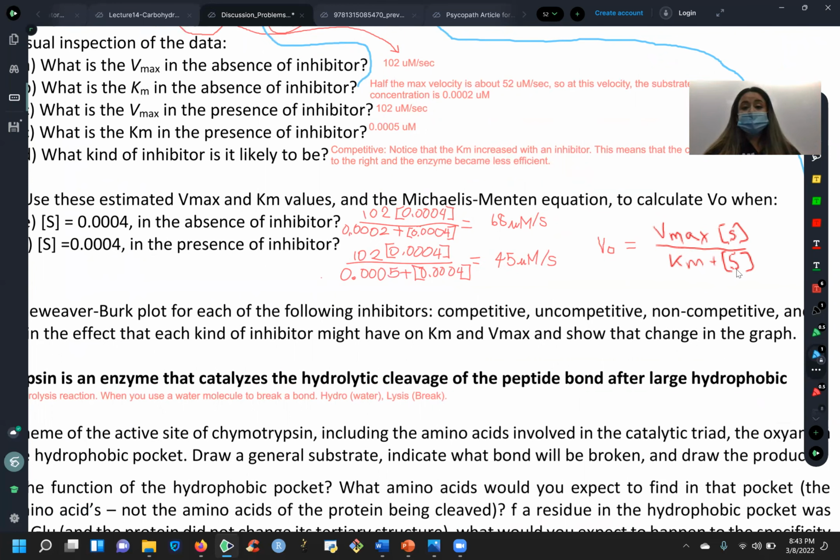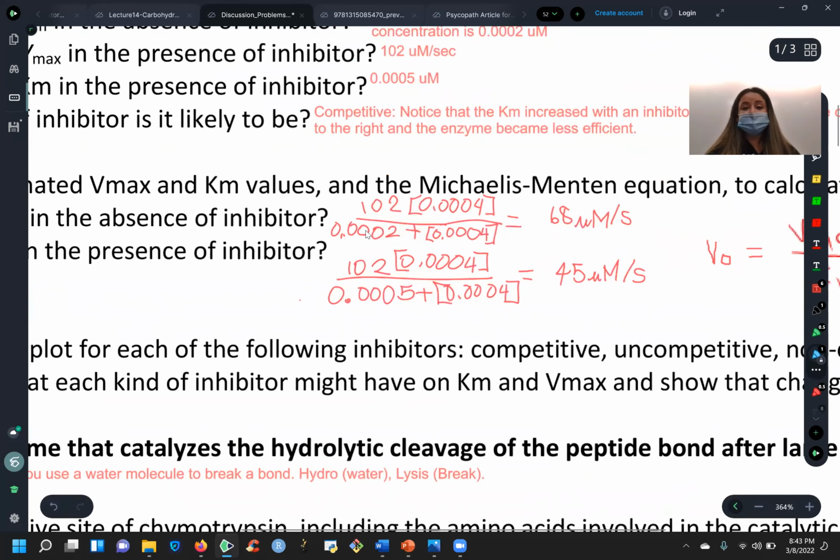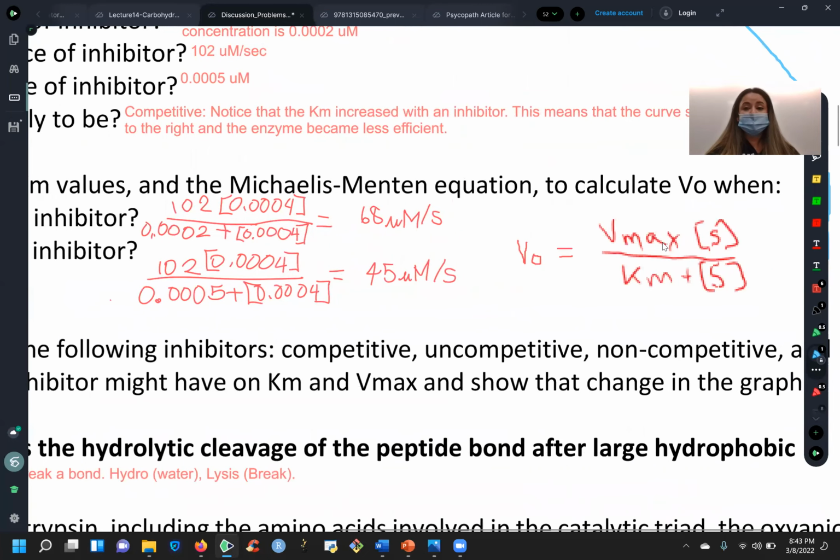Okay, so we have everything. So I set up this first problem. It says no inhibitor. So everything is the same except for the Km. That was the only thing that changed. So let's go look over here. Let's make sure we know how to plug this in. So Vmax was 102. The substrate concentration, they just told us, was 0.0004 divided by the Km.